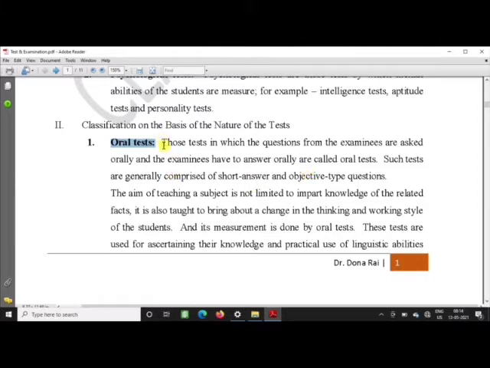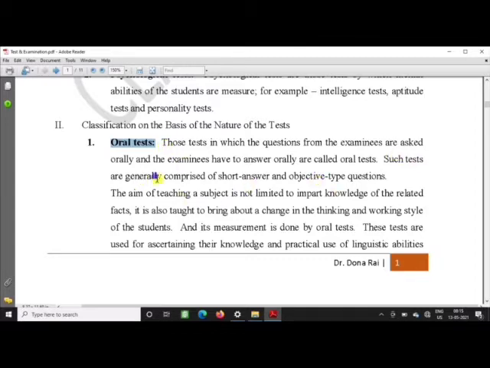Also, in oral test, individual attention can be given to the students. Teachers can check the vocabulary of students, and a student's posture, their personality, how they deal with the questions, everything can be tested, which is not possible in written tests.